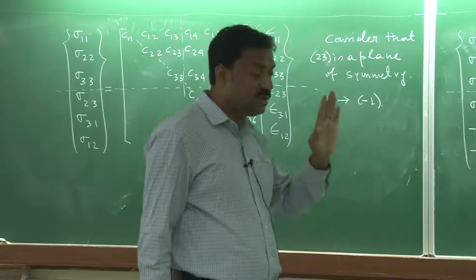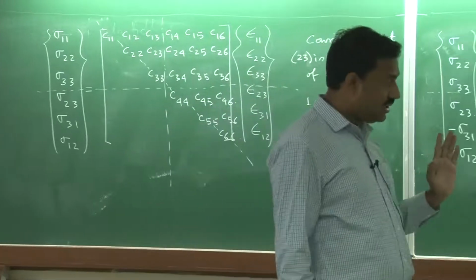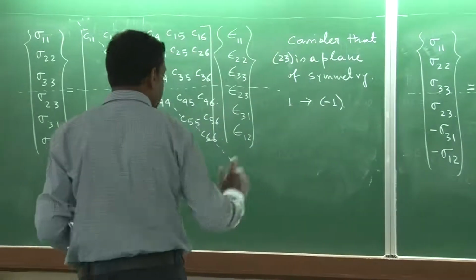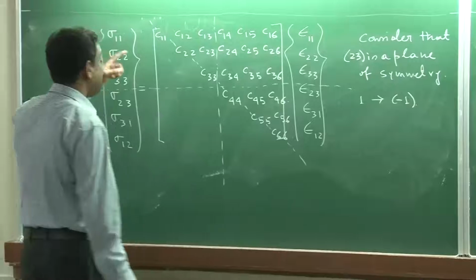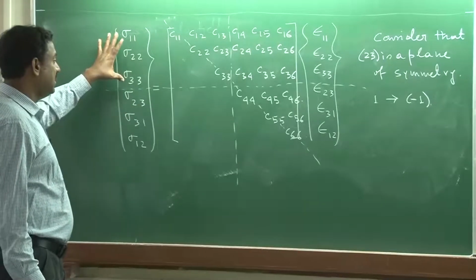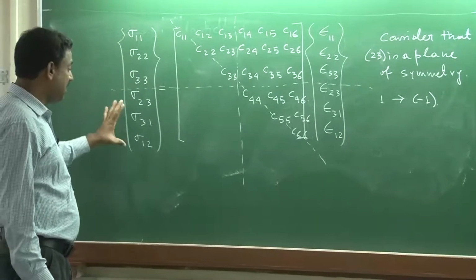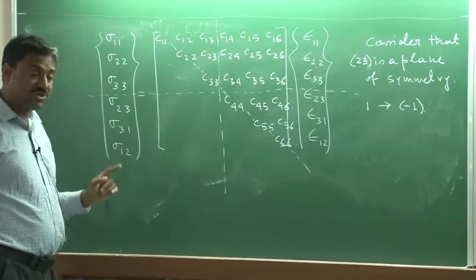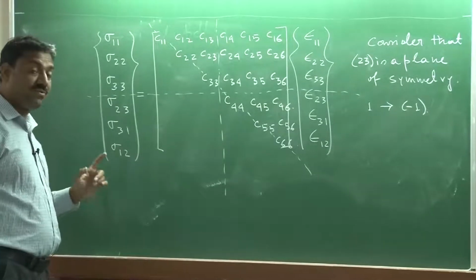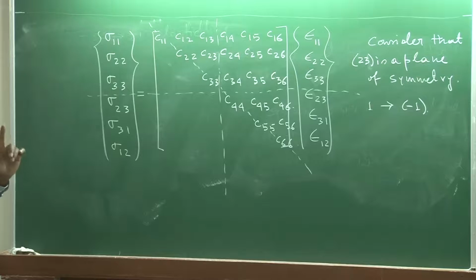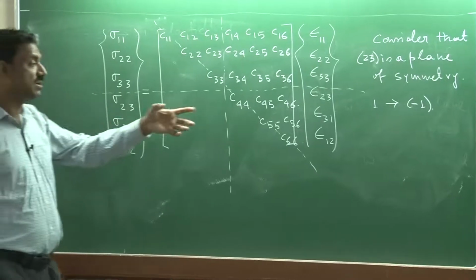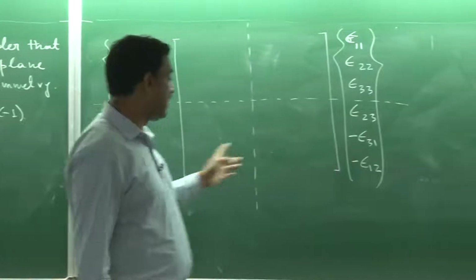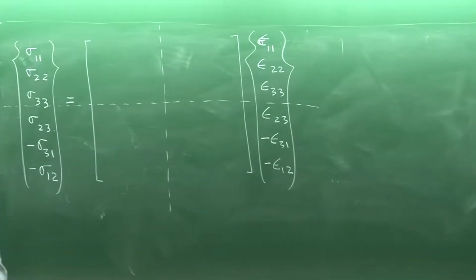If I put the mirror on the 2 3 plane, then axis 1 is reflected to be minus 1, right. You see that the x axis becomes minus x axis. So 1 becomes minus 1. So the normal stress is not going to change, but for sigma 3 1 and sigma 1 2, the shear stresses or the shear strains, one axis is reflecting, so that becomes minus. So that is the state of stress. You understand why this is minus after reflection.